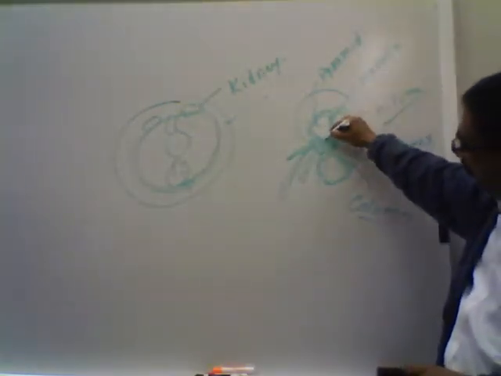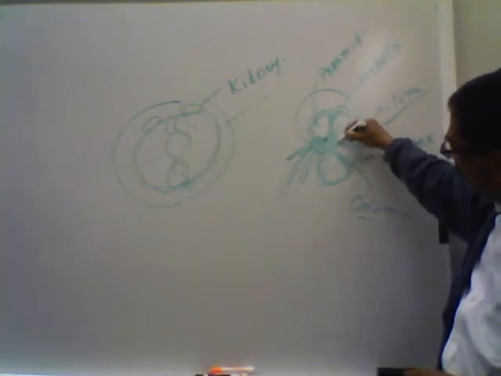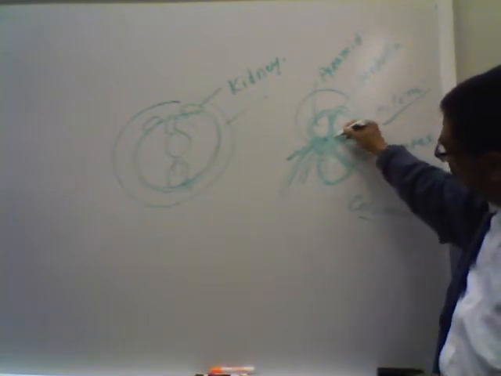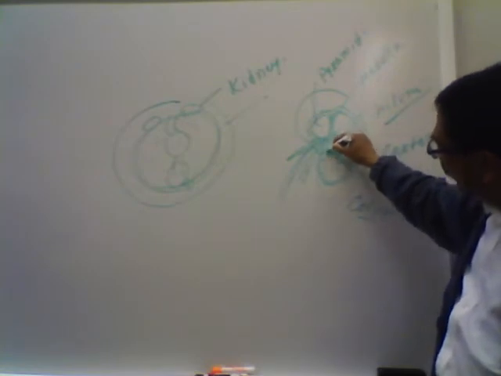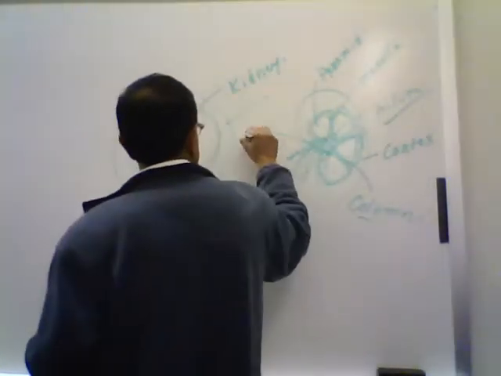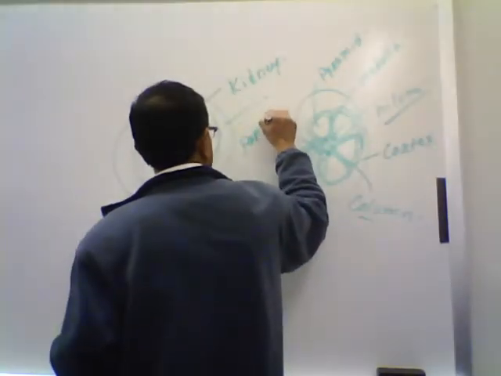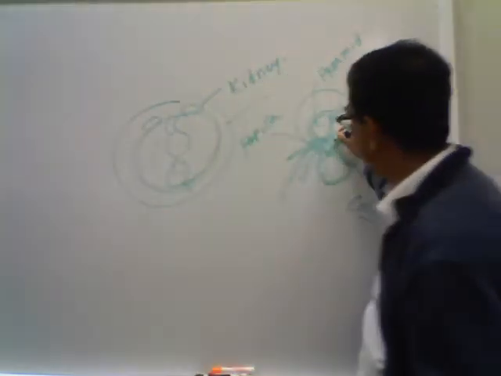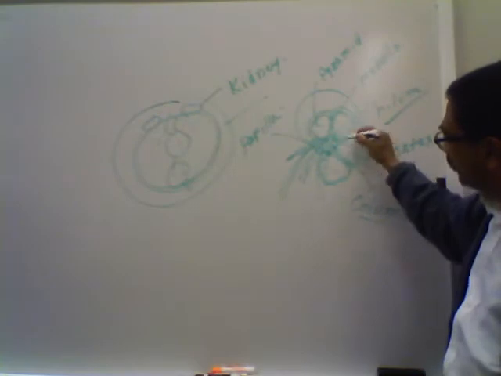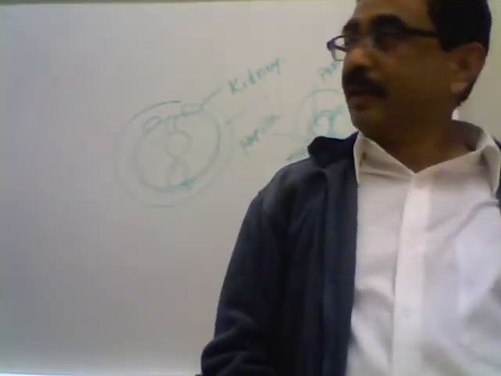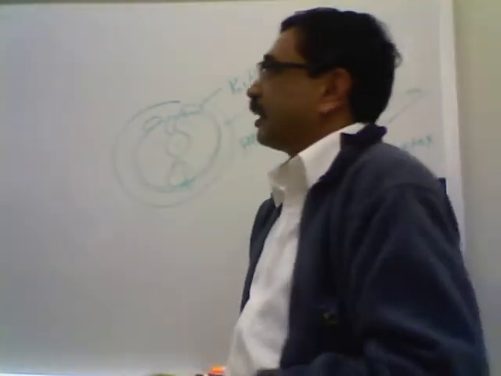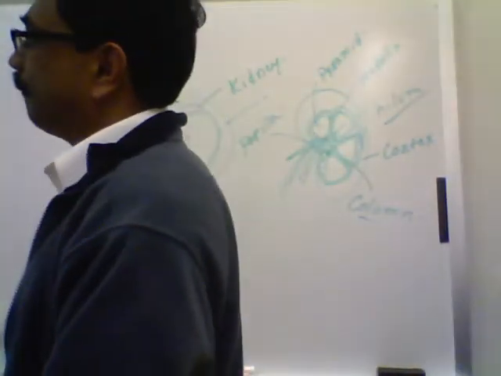Now the pointed end of the pyramid is facing inwards, and that pointed end of the pyramid is called the papilla. So that's inside the kidney.